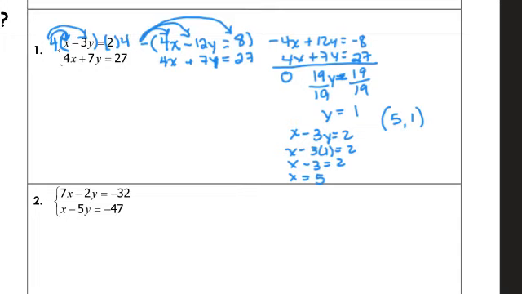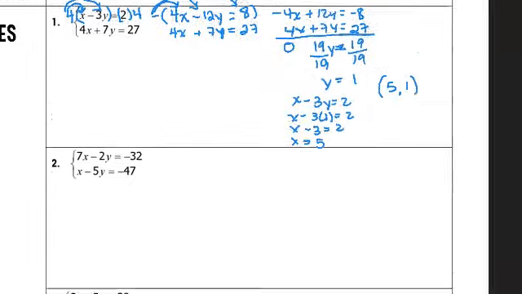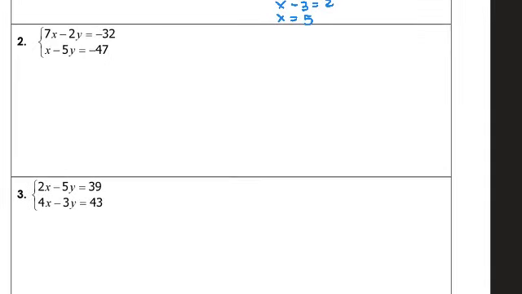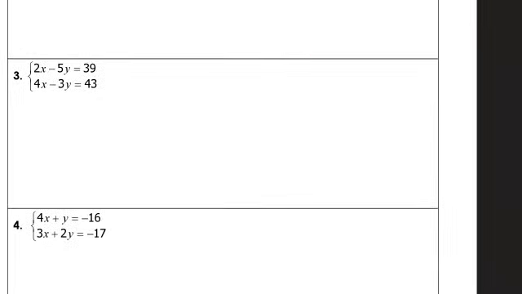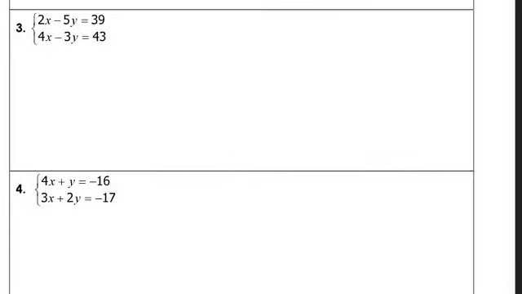Okay, I know your head's probably spinning, but we gotta do it again. So again, let's go on down to number 3. We're looking for the least common multiple. As we examine the two equations, we see that the coefficients of x kind of guide us. 4 is a multiple of 2. 2 times 2 is 4.